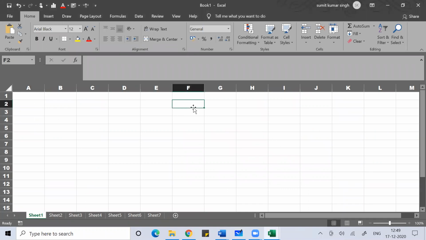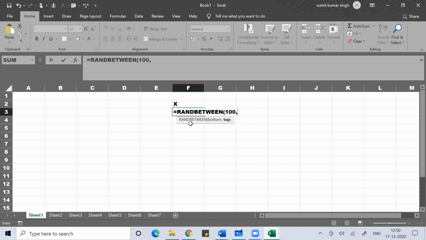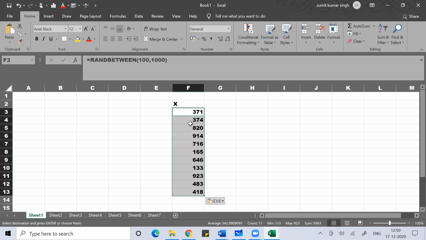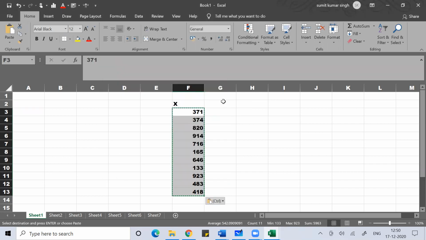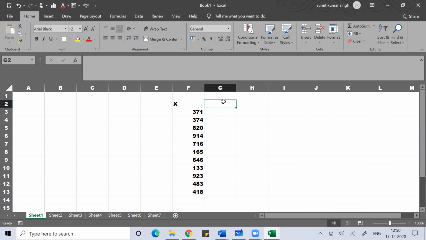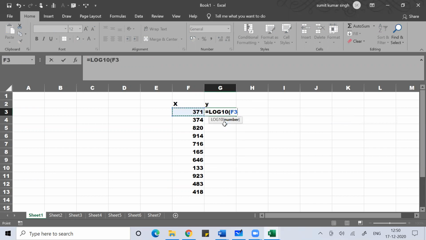Suppose there's a variable x, and I take some values between 100 and 1000. Now this is y, and y is basically the log value of x.